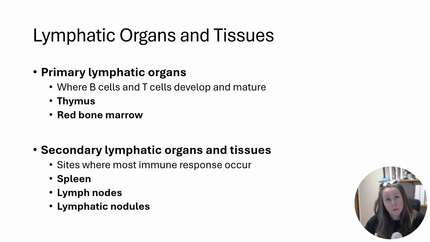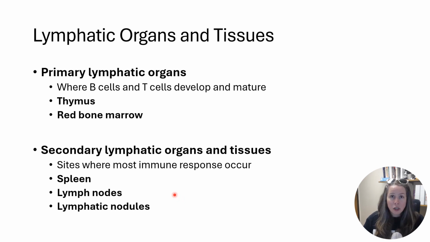How do they differ? The main difference is what is happening at that location. If that organ or tissue is responsible for producing and maturing T cells and B cells, it's a primary lymphatic organ. Basically, that means if we do not have that organ, we are immunocompromised. So we won't be able to make the B cells and T cells.